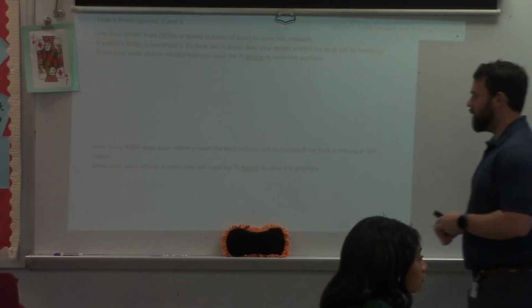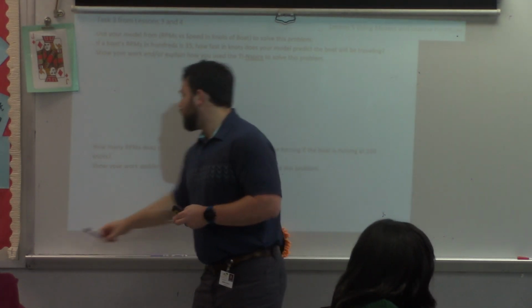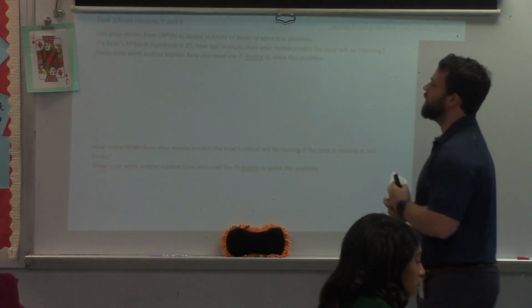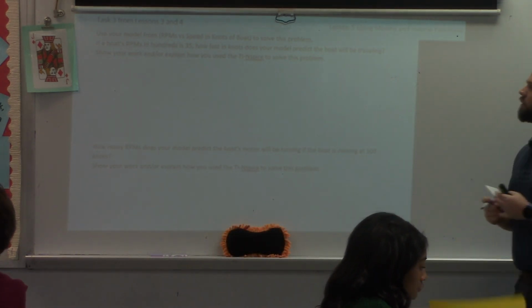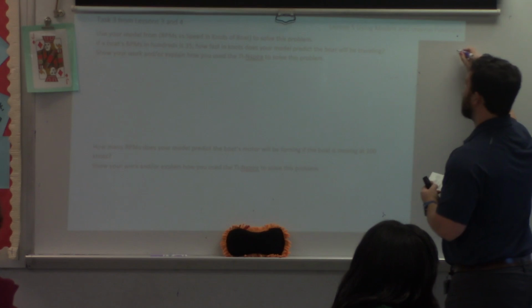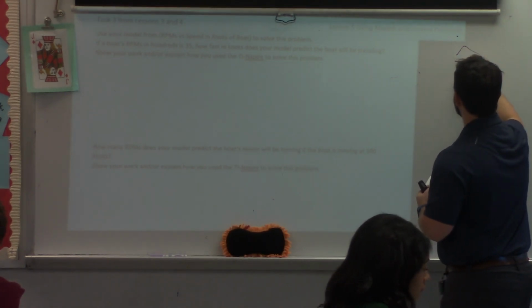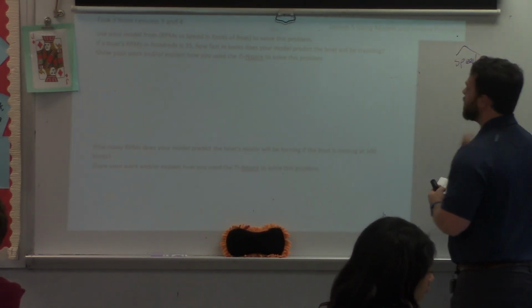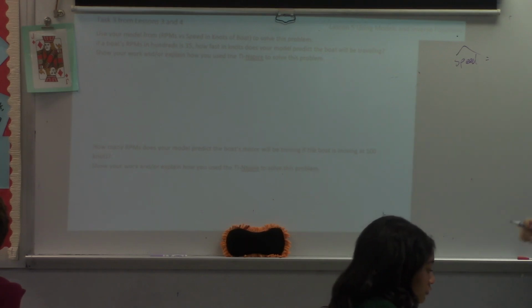So really quickly, help remind me, what were the 2 models that we developed for the boat, the speed of the boat and the RPMs? What was the predicted speed equal to? Just give me the one that we used as a whole class. Should have this in lesson 4.